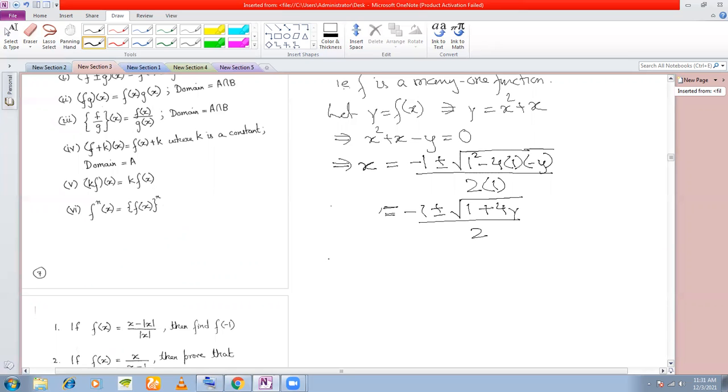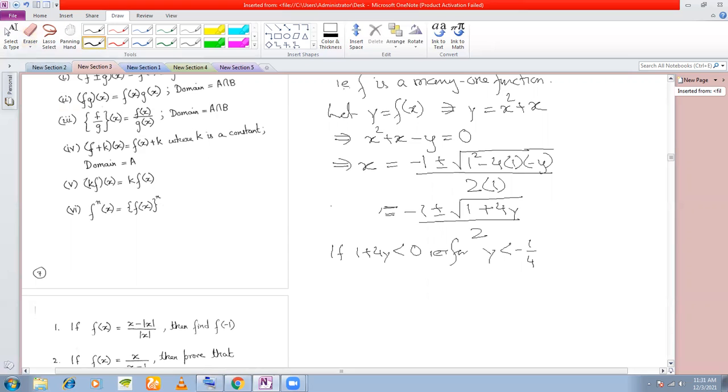Now, is it possible that for every real value of y, you'll get a real value of x? Is it possible? Not always possible. If 1 plus 4y is less than 0, that is negative, the expression under the radical is negative, then what happens? That is for y less than minus 1 by 4, x does not belong to the real numbers.